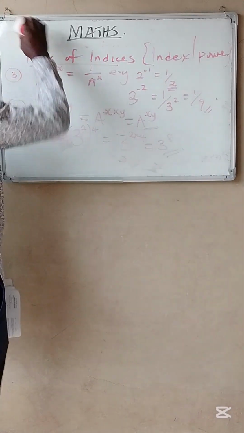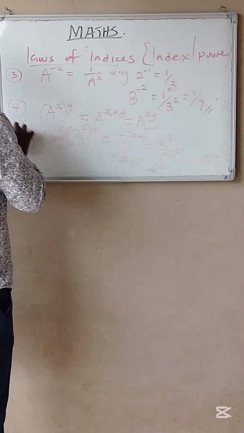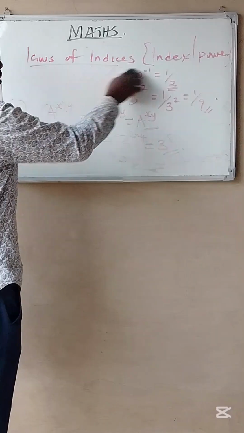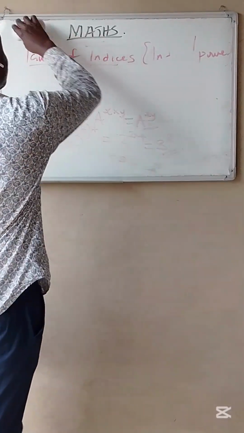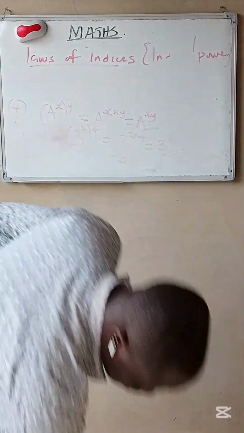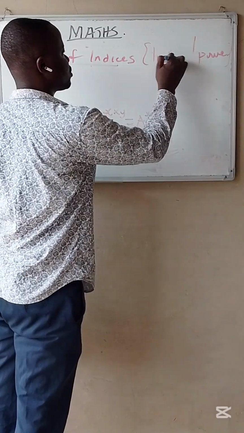Let's have the fifth law. The fifth law states that any number raised to power 0 is equal to 1.